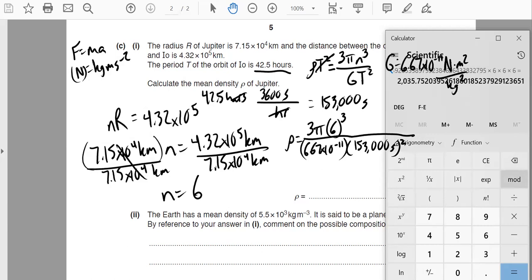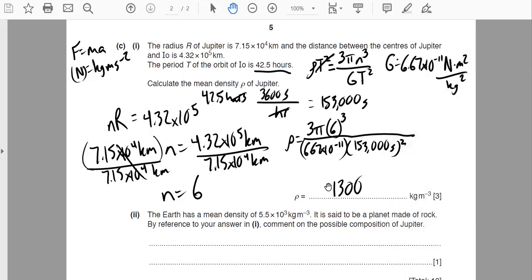All right, so there's my numerator divided by these grouping symbols, 6.67 times 10 to the negative 11, times 153,000 squared. And I get a density for the planet Jupiter of 1,303, which I would just round to 1,300. All right, so there's 1,300 kilograms per cubic meter in the planet Jupiter.